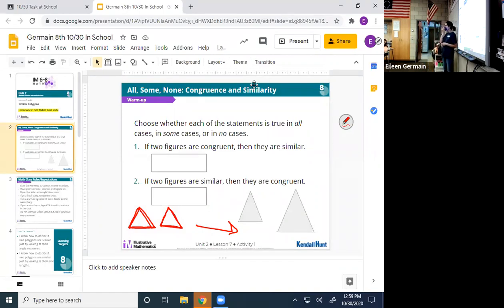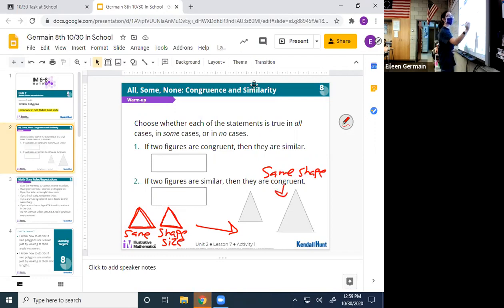Is it all the time, some of the time? Some cases? If they're congruent, then probably all the time. Well, what do you think? Because they have the same side length and same area. And what does similar mean? They're kind of the same. Same shape, right? Because these are same shape and size. This is same shape.